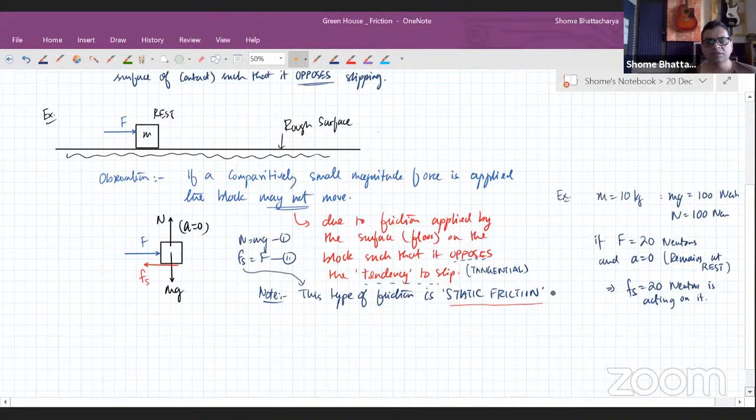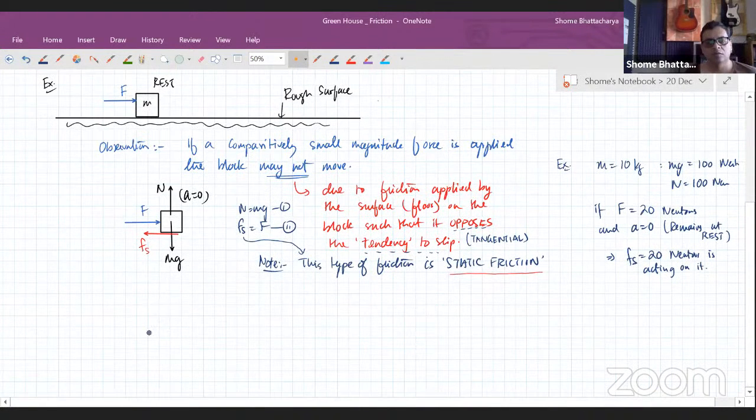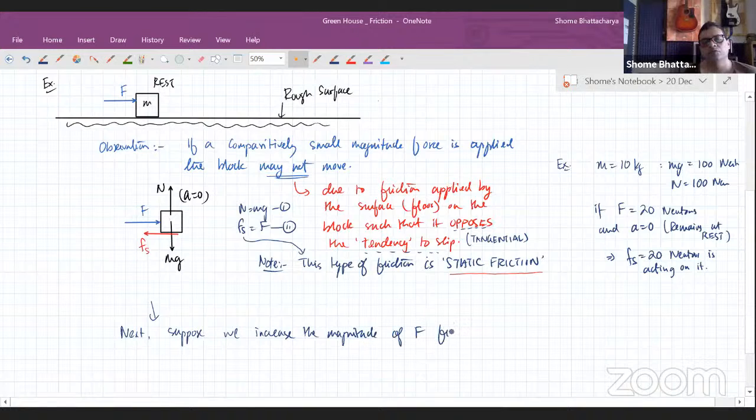Okay. Now supposing in the same example, next, suppose we increase the magnitude of F from 20 newtons, in this case, to let's say 60 newtons.